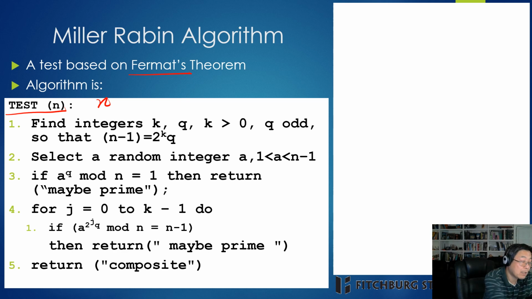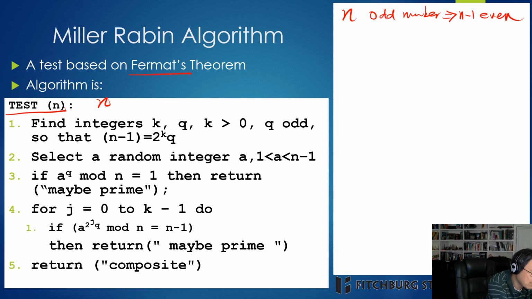Now, suppose n is an odd number and a huge number, then what should we do? The first thing we need to do: n is an odd number, so that means n minus 1 is an even number, right?